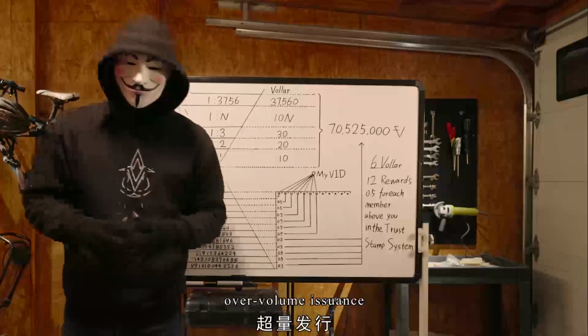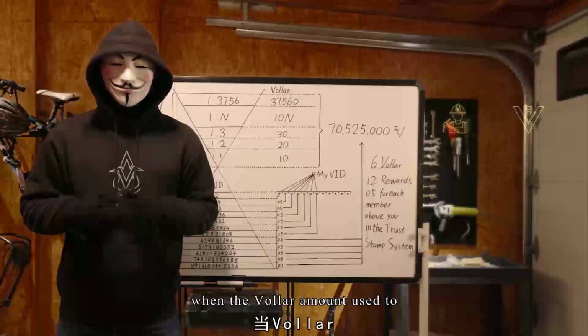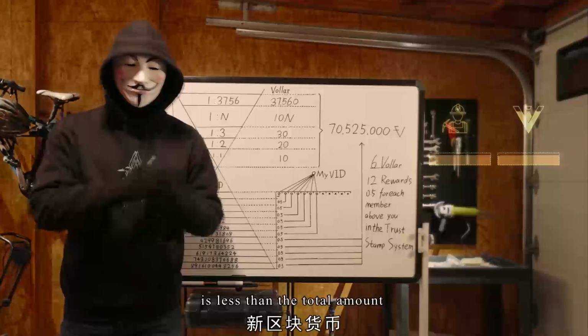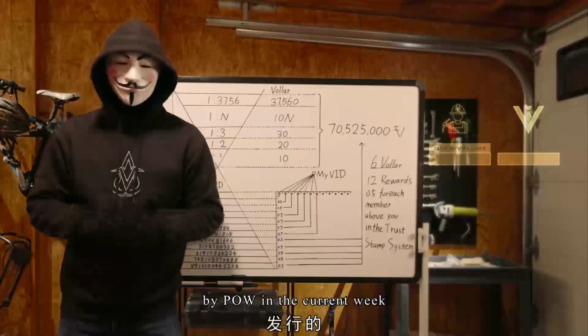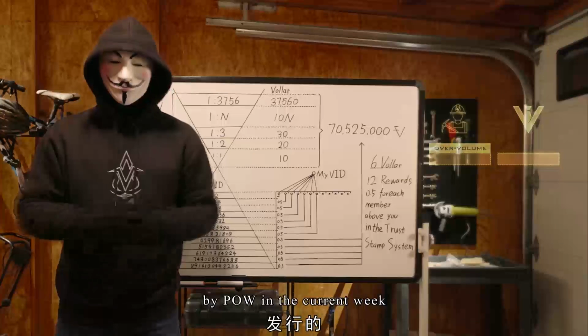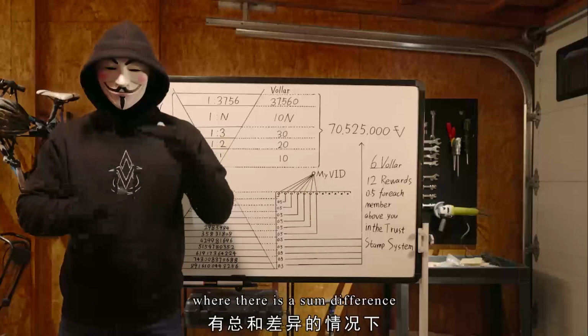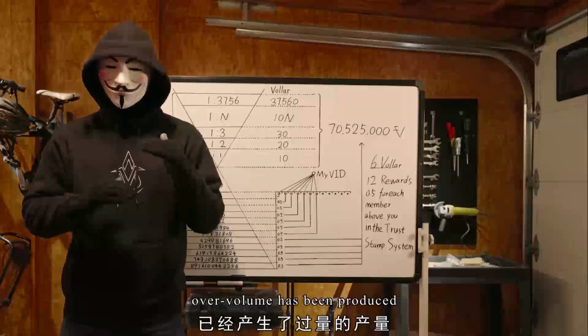Now, when we say overvolume issuance, we are referring to when the Volar amount used to create VIDs in the previous game week is less than the total amount of new block currency that was issued by POW in the current week. In this situation, where there's a sum difference, the system will determine that overvolume has been produced.